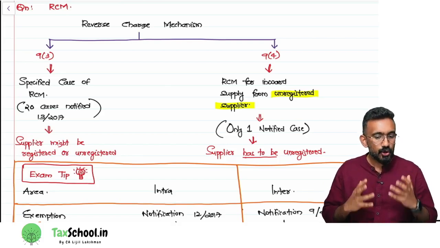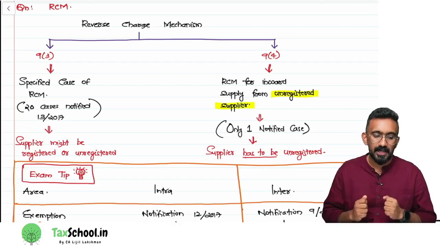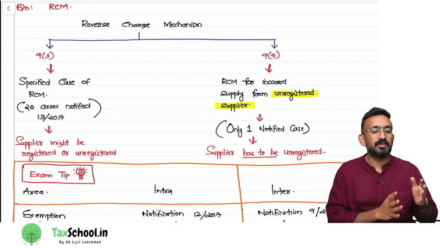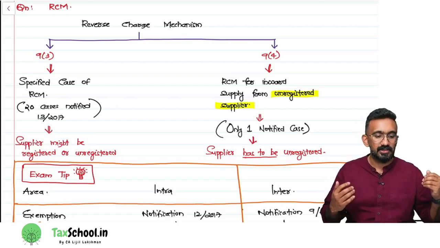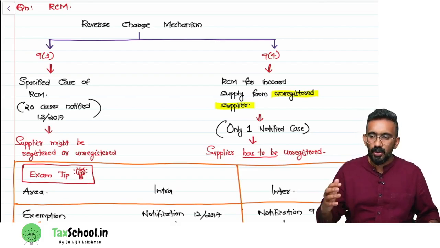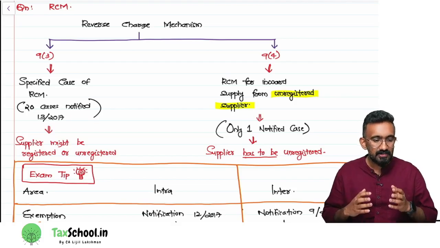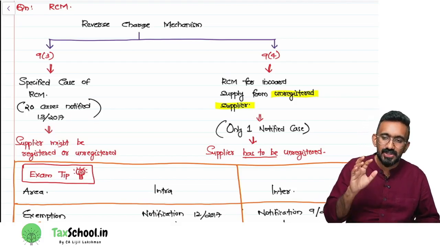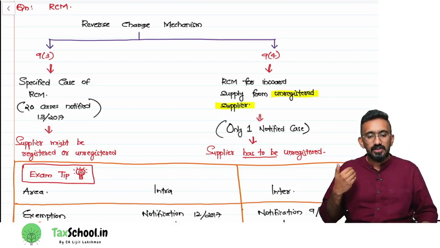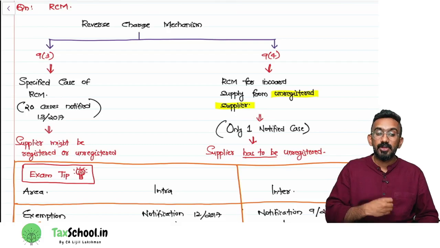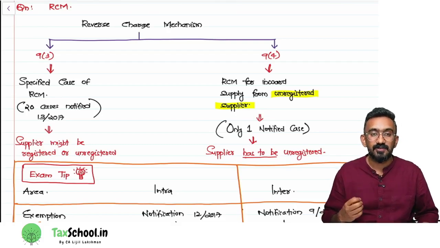Normally GST is collected from supplier because it is easy to get it from the supplier. One supplier will make supply to thousands and 10,000s of customers. From all of them they will collect, and then government needs to only catch the supplier, which is an easy method of collecting taxes. But GST department knows that it might not be always easy to get taxes from the supplier.